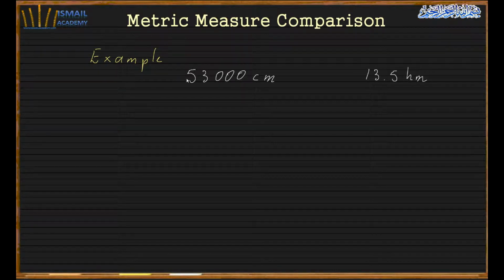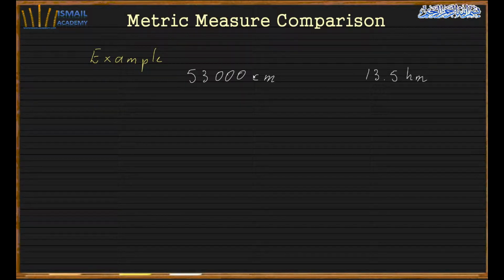Trust me, I will conclude right away this is greater. We cannot conclude that. It's not because I have 1 centimeter here and I have hectometer here, I will conclude hectometer is greater. That means this one is greater. So in order for me to compare those two, the first thing I need to do here is to make sure that those two units are the same.